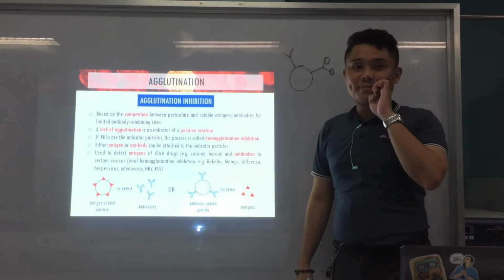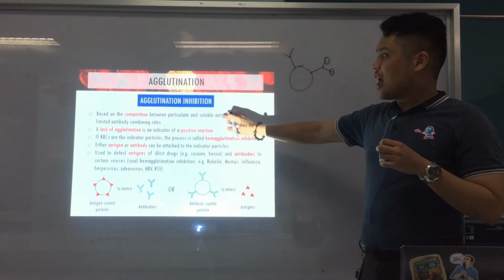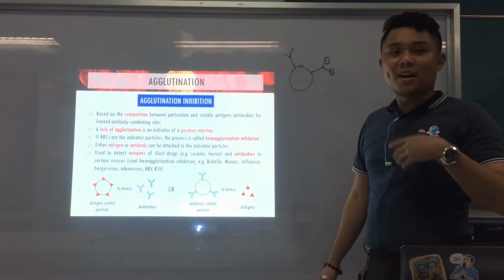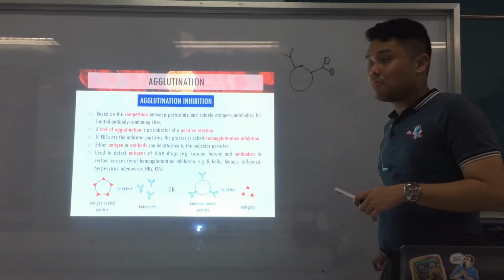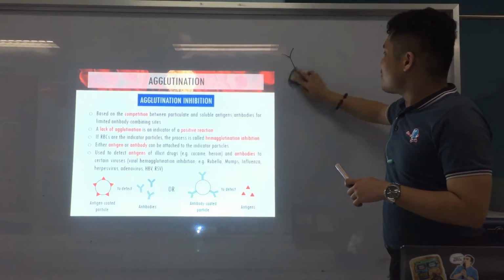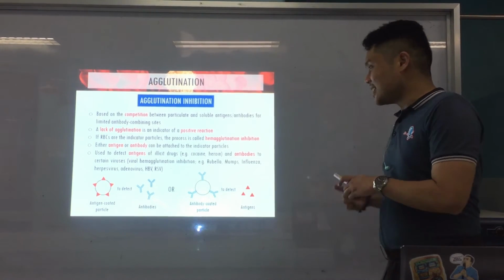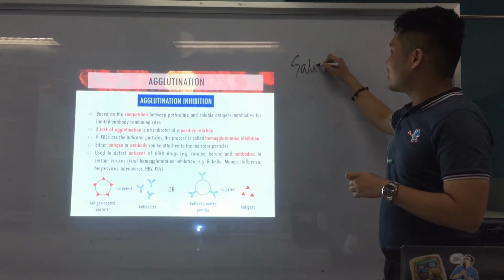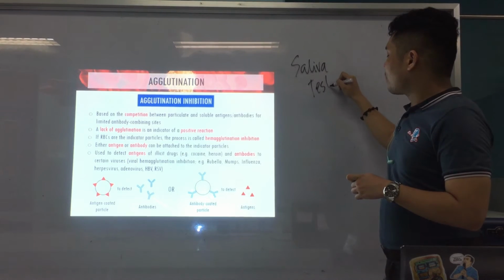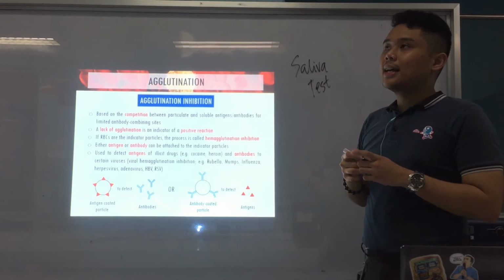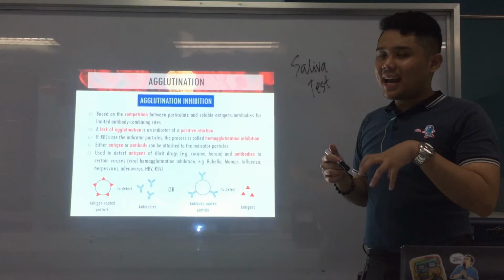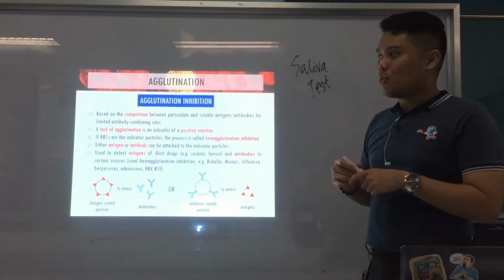So it can be either way. You'll encounter this principle in your blood banking. There's a test in blood bank known as the saliva test. You detect A or B antigens in your secretions, and one of those is saliva.